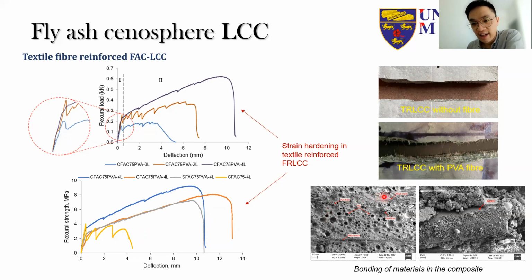So when we look at the SEM images, we can see that the materials are well bonded. In the glass fiber mesh, you can see hydration products attached to the textile mesh. This is the SEM on the right side. And if we look at the SEM on the left side, we can see the layer of the mesh here and here.